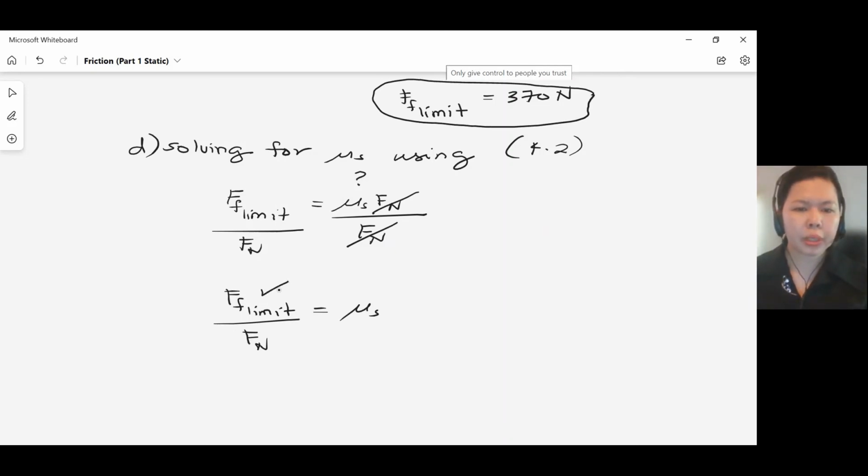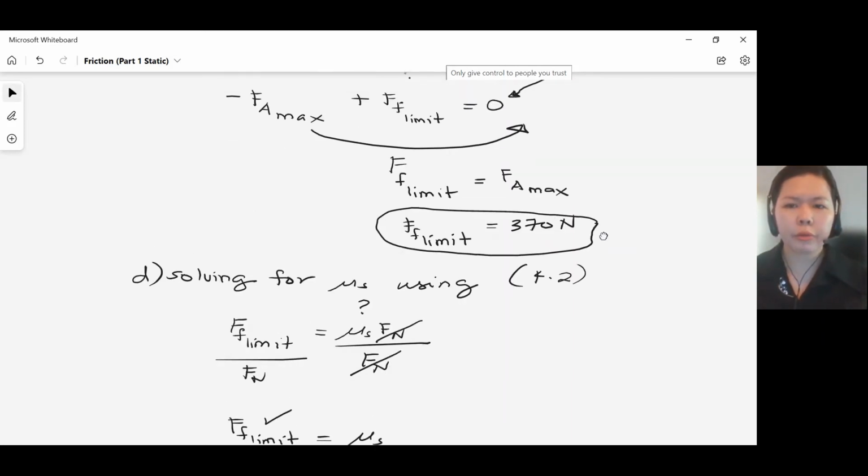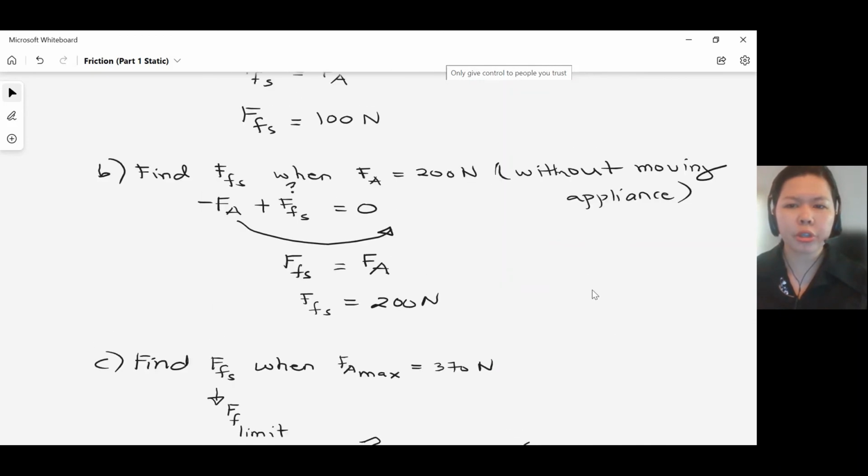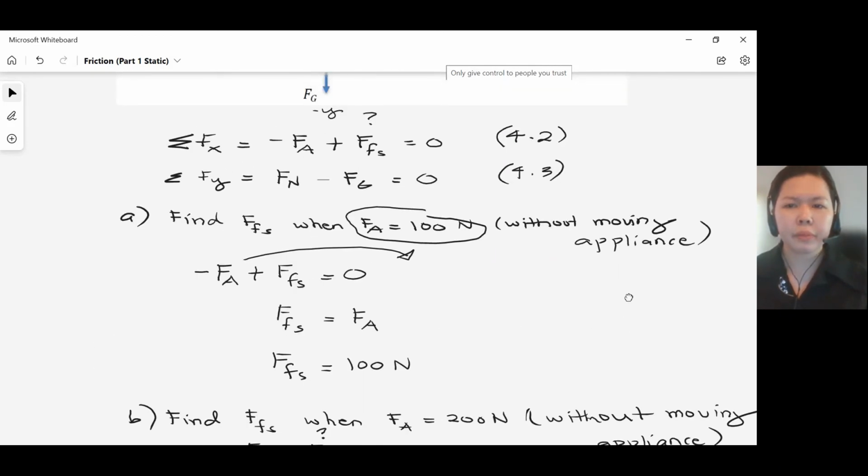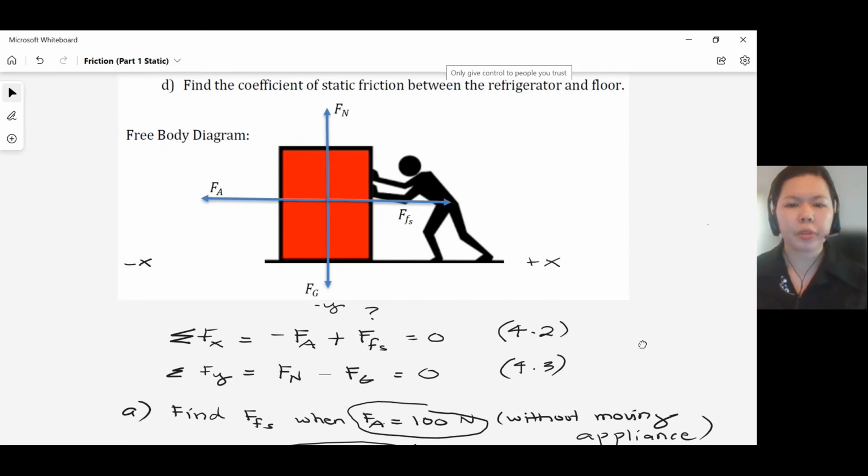We have FF limit, but we have no Fn yet, the normal force. Now to solve for normal force, we have to look again at our free body diagram and the equations that we have made. Normal force is the force perpendicular to the surface going up.